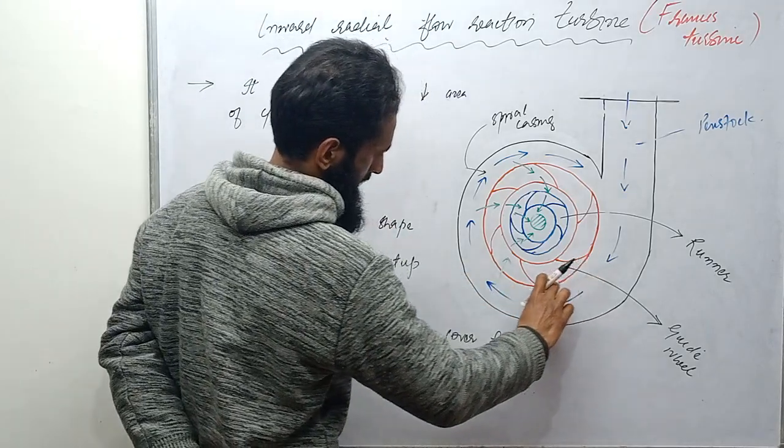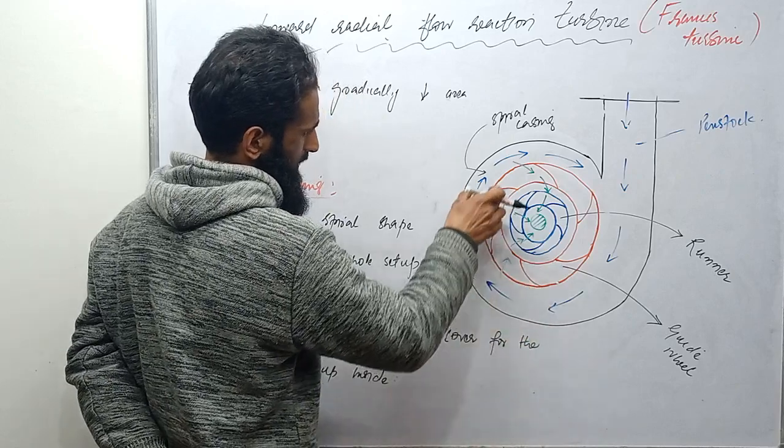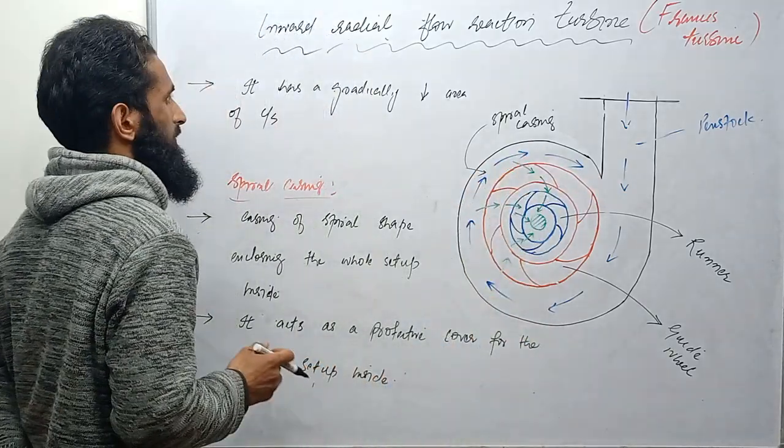You can see here, its area of cross section is decreasing gradually. Why?